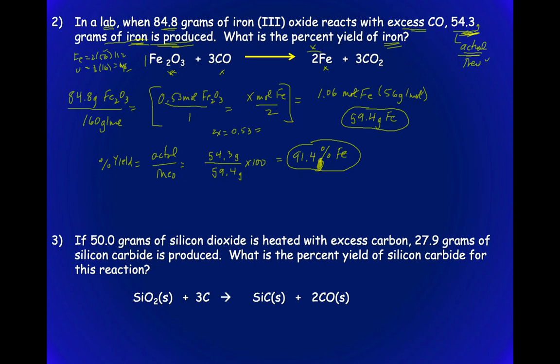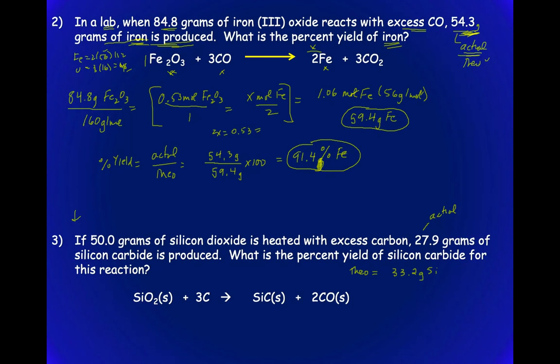You would do number 3 the exact same way. I will give you the answers here for this. Again, this is your actual here. My theoretical yield, the answer to this is 33.2 grams of SiC.